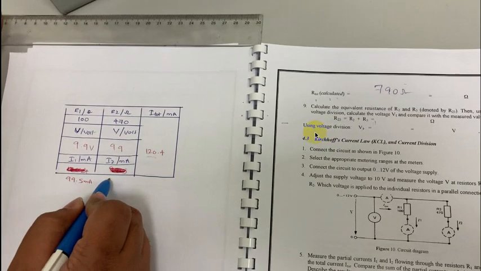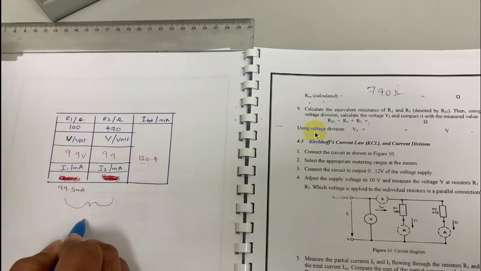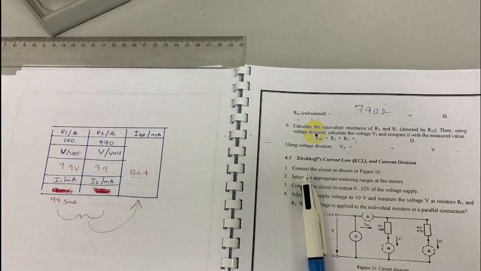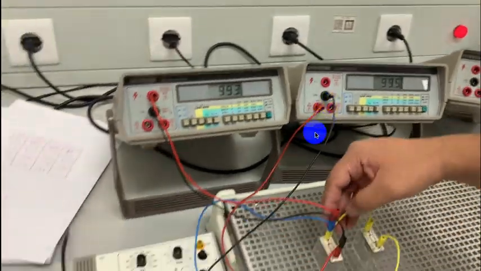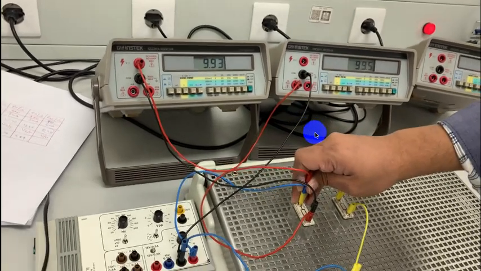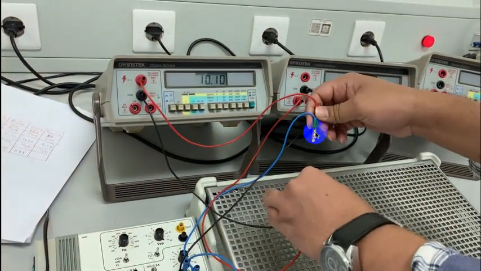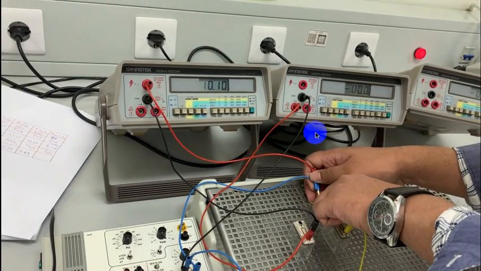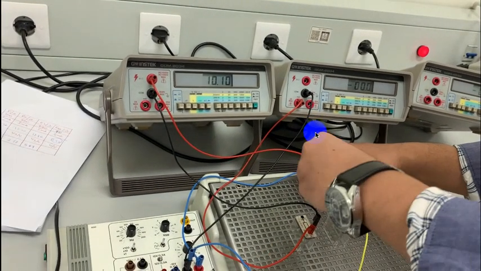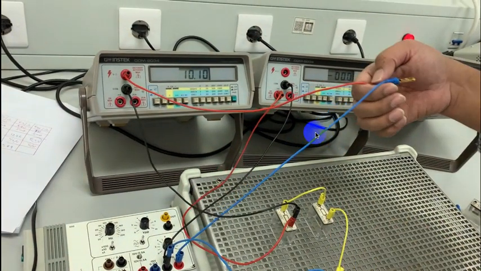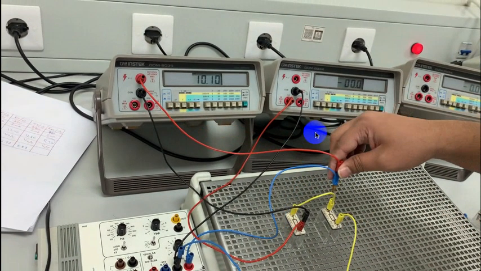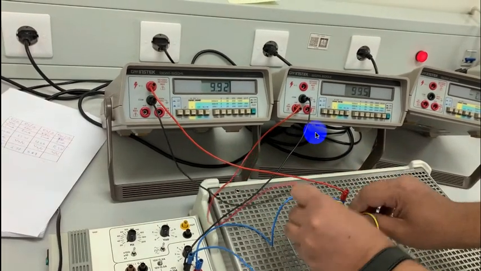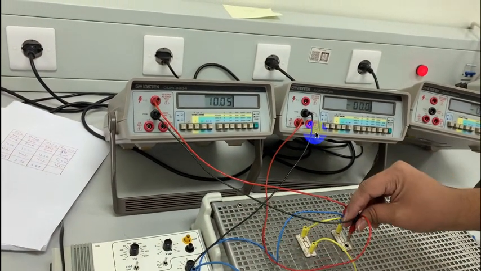Now I will take the value of I2. This should be equal to this one. So let us write, just reconnect the circuit, just remove and swap it. Anywhere you can connect it. Just remove the ammeter and connect to the R2.